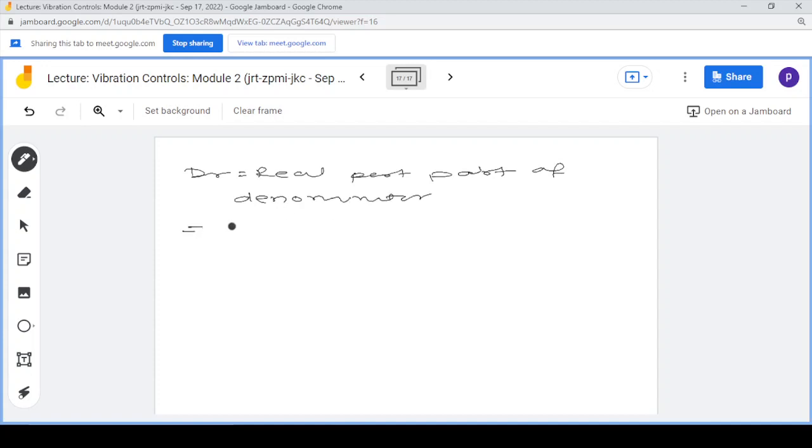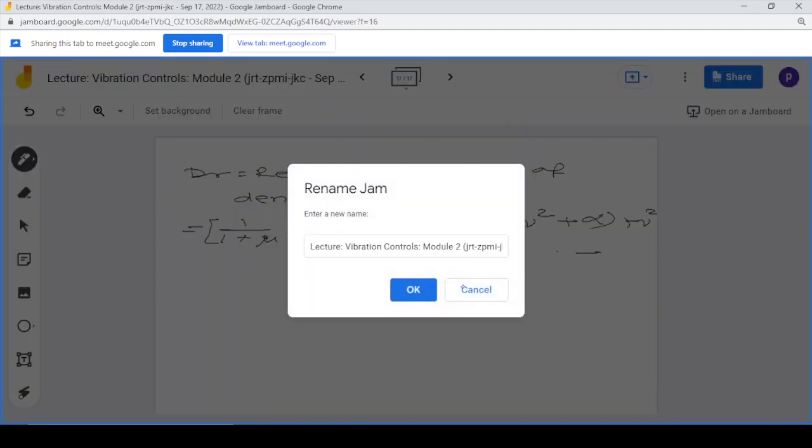It is equals to 1 divided by 1 plus mu into omega raised to 4 into alpha minus omega square into nu square plus alpha plus nu square.